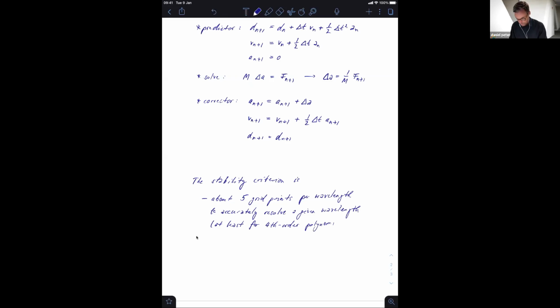Polynomials. Which means that the number of GLL points per element is equal to 5.